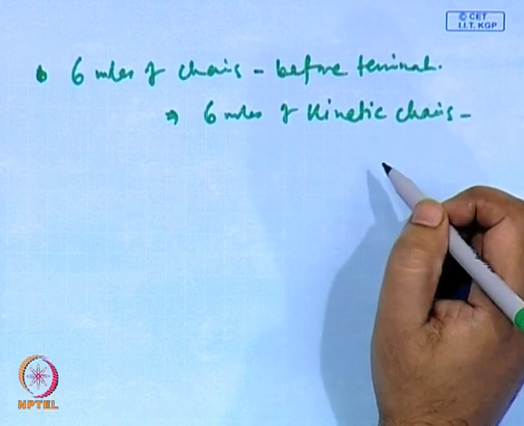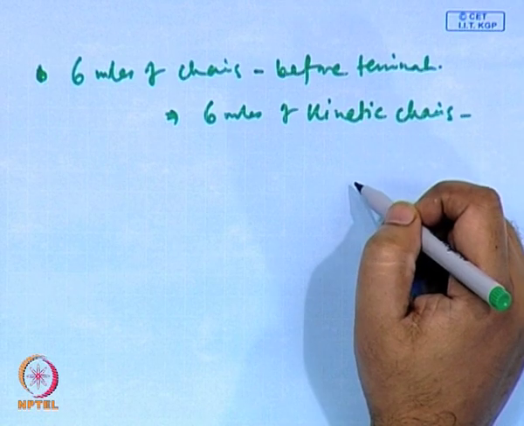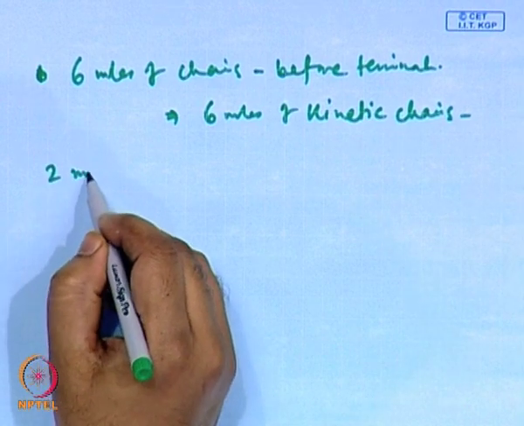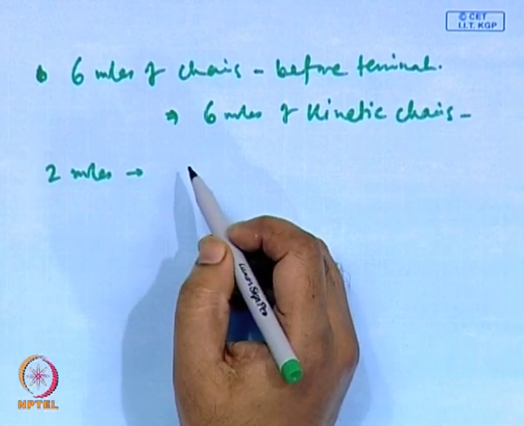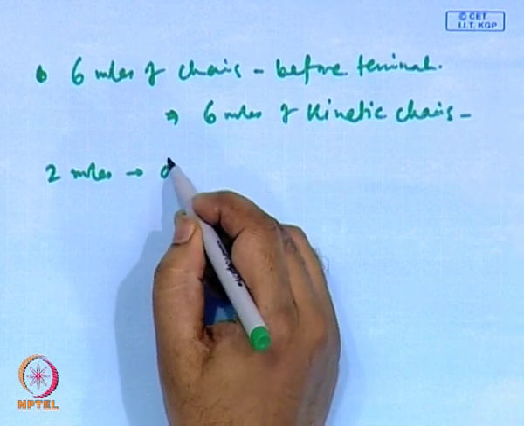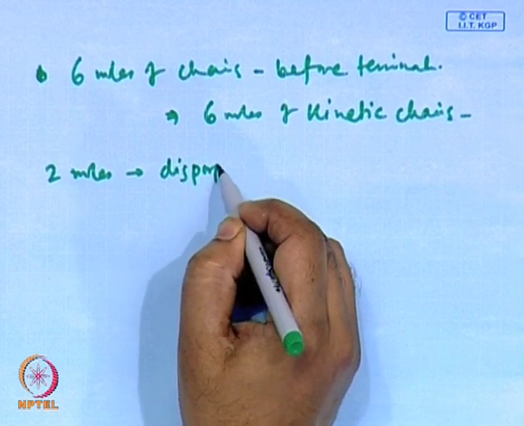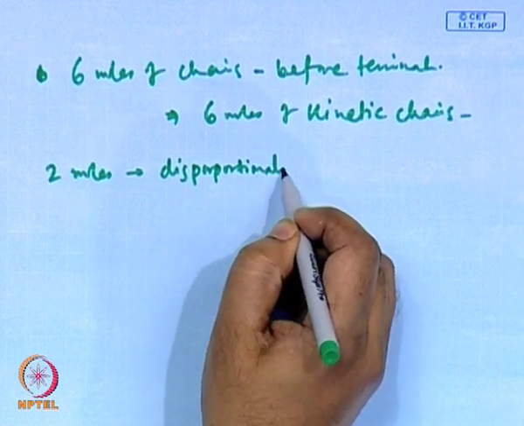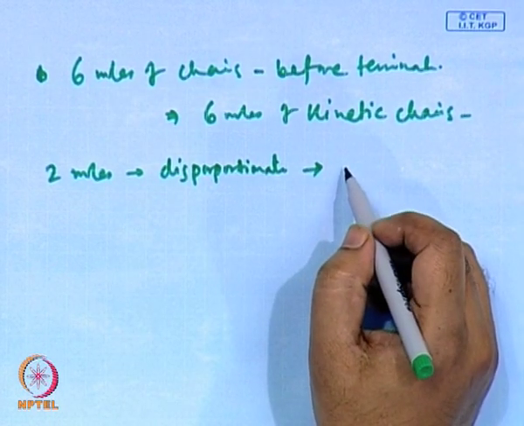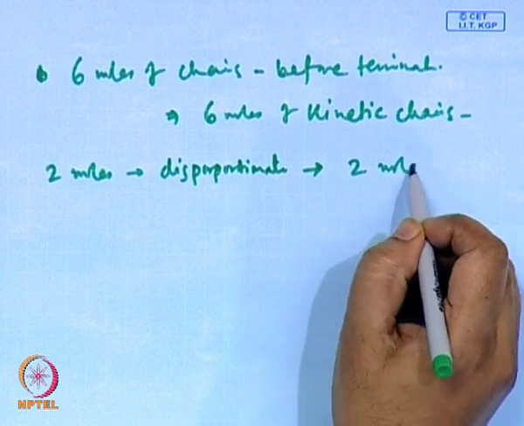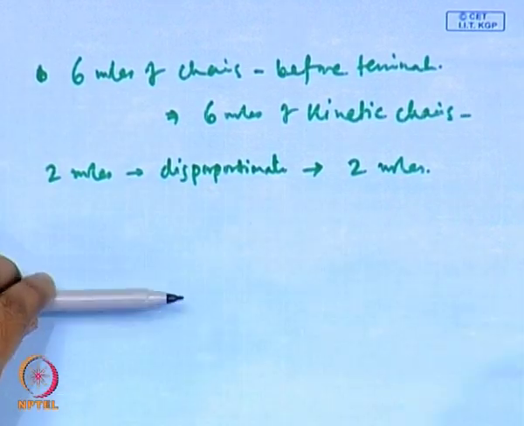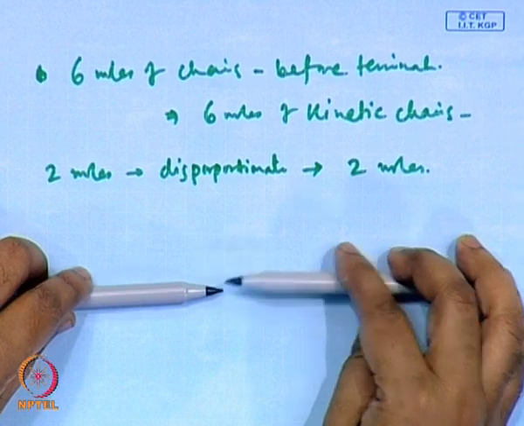Now, they will get terminated and form dead polymer molecules. Let us assume that 2 moles of these underwent termination by disproportionation. So, how many polymer chains? 2 moles, because two kinetic chains come and react and form 2 dead chains.